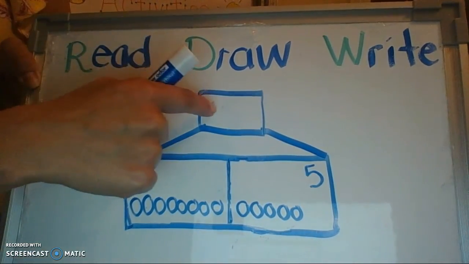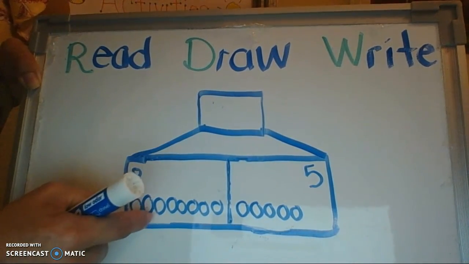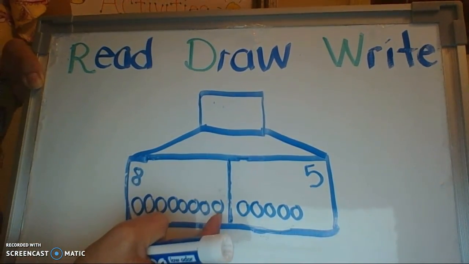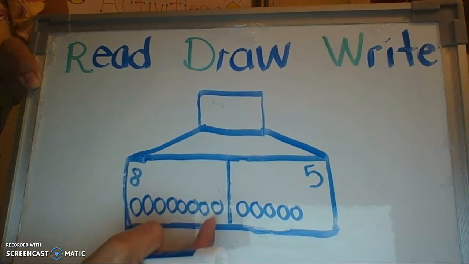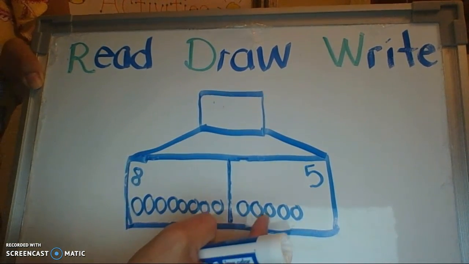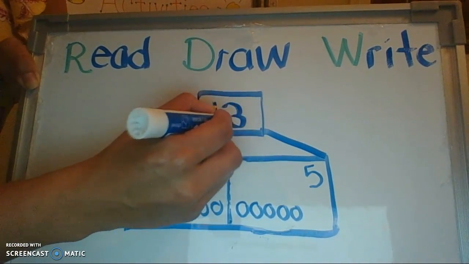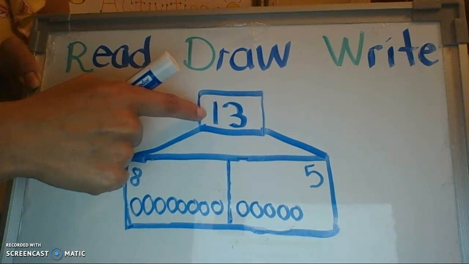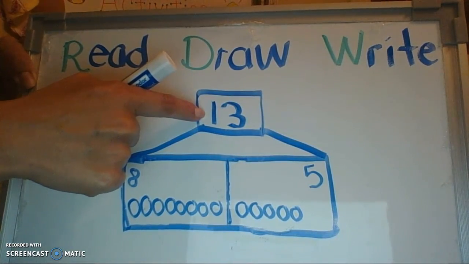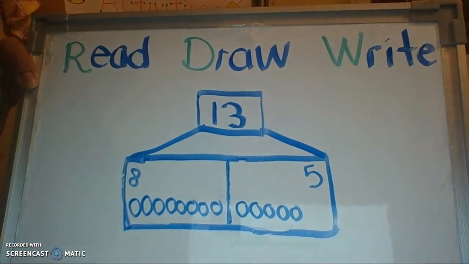Now what is my total? I can go ahead and count on because I know I have 8. Then I added 5, so I'm going to do 8, 9, 10, 11, 12, 13. So Ben has how many cookies in all, boys and girls? 13. 13 cookies in all.